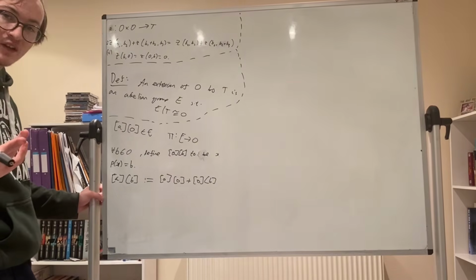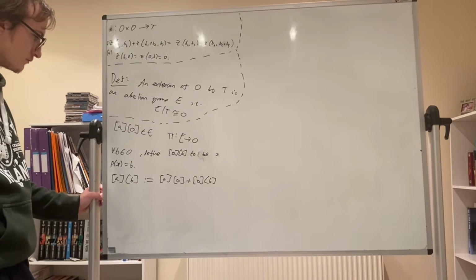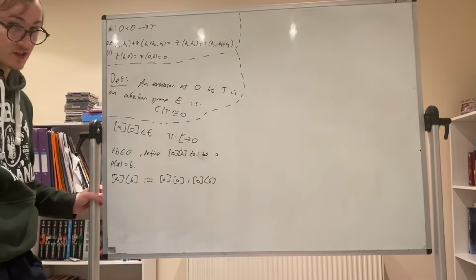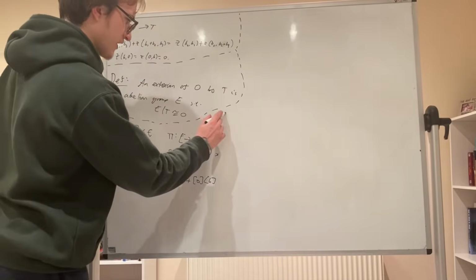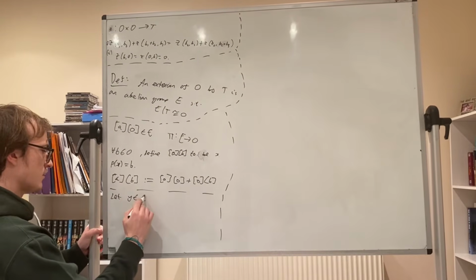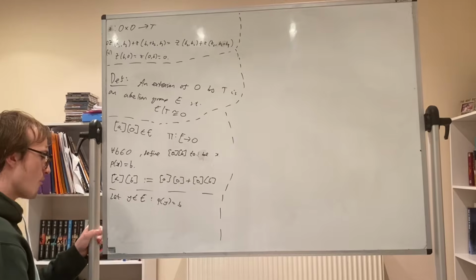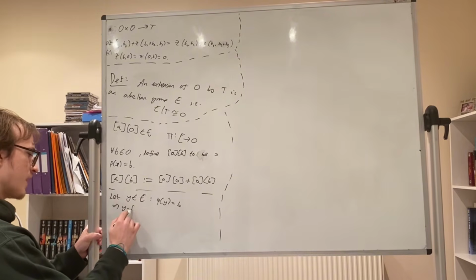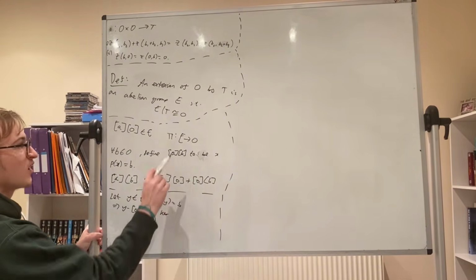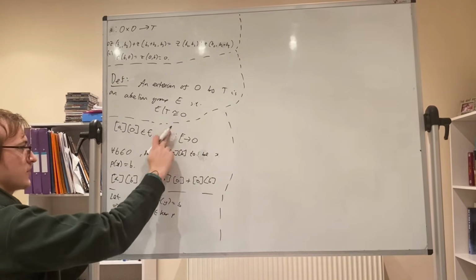What I claim now is that every element of E can be written as AB, and uniquely at that. The reason for this is, if we let Y be an element of E, then p of Y has to be something, so we'll call p of Y B. This means that Y minus 0B is in the kernel of the projection map p.